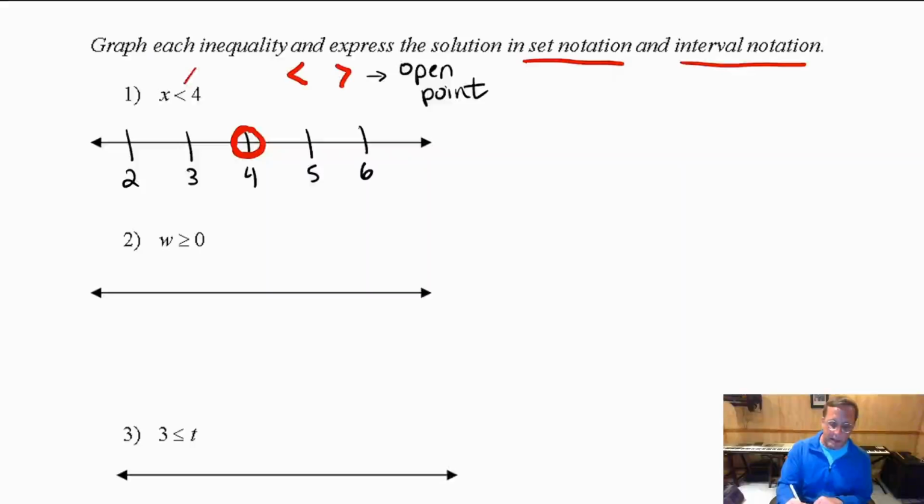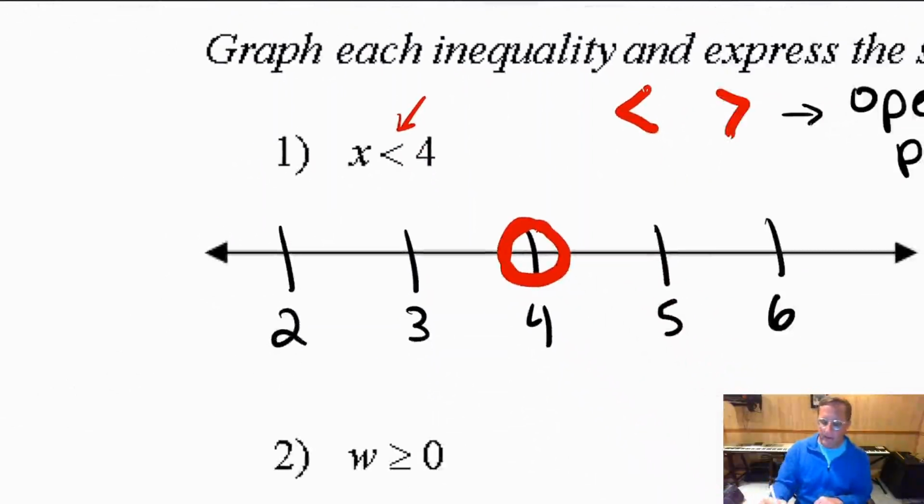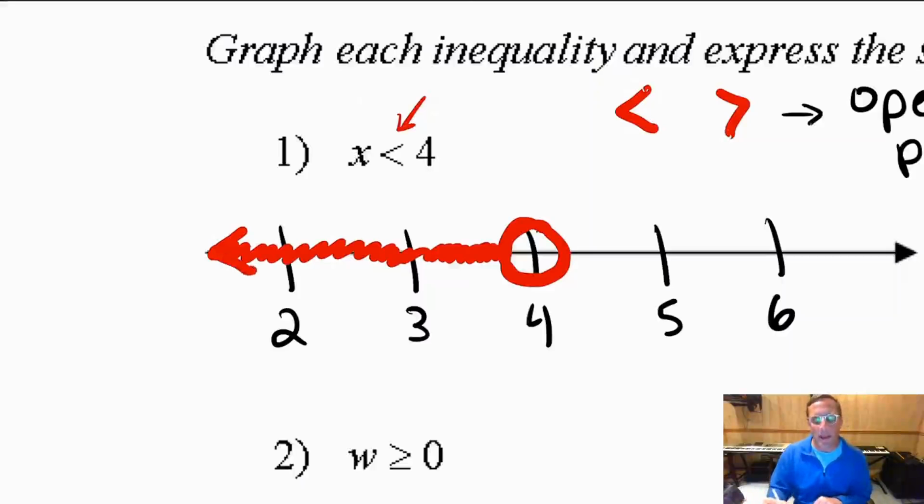Now, the inequality for this particular problem says x is less than 4. If you think of this inequality sign as very much like an arrow that's pointing to the left, that is telling you which way the vector needs to point. And that vector represents all the values that x can be.